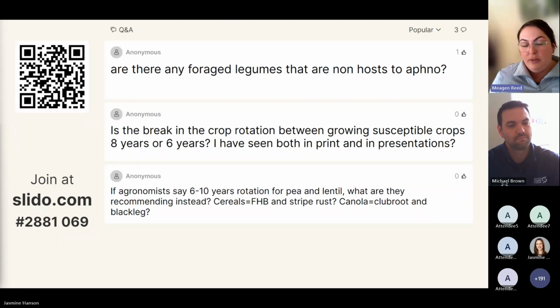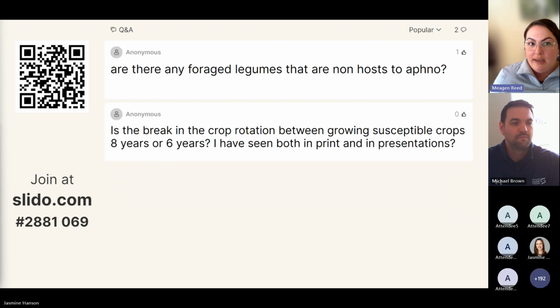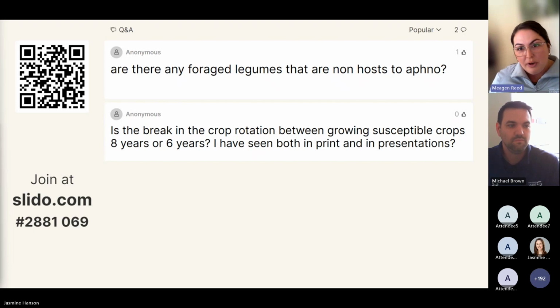So when we talk about the sampling, either plant tissue testing or soil bait testing, that's a really good diagnostic way to confirm what your levels are, a yes or no for Aphanomyces. Also, there are other rotational management tools available that you can utilize to figure out what the risk is for going 6 years, 8 years, 10 years, or if you need to go longer.